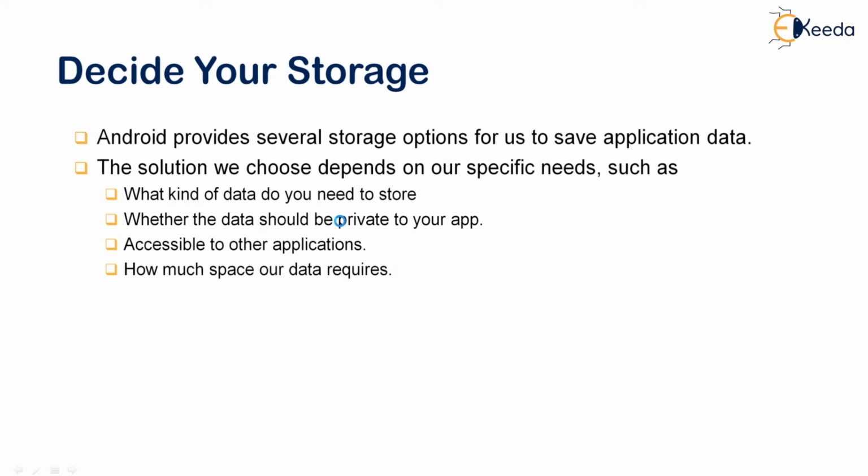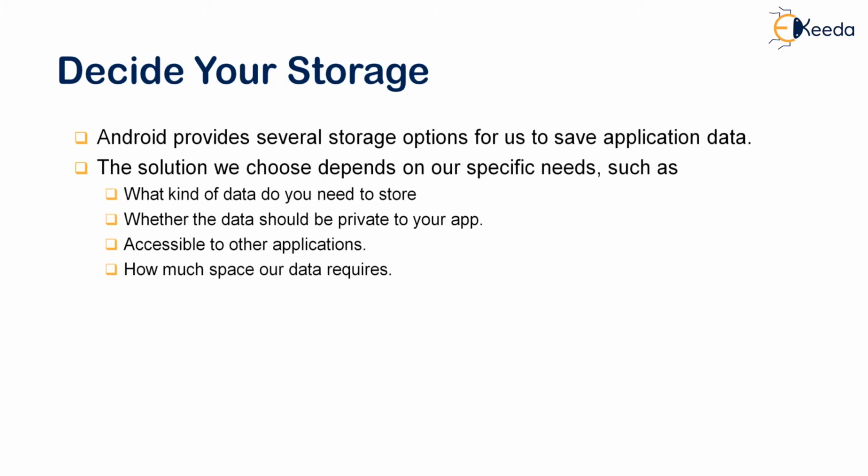Next, whether the data should be private to your application or public. Private means the data is available only to that application, not in any other manner. Public means it is accessible to other applications as well. Suppose you receive images through WhatsApp, and they are all stored in the gallery.